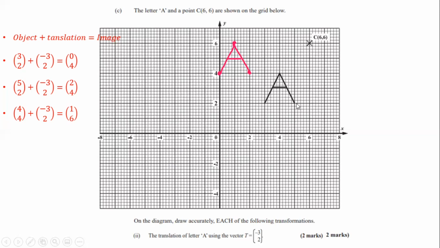For this point it is the same thing, we're going to the left, which is -3 times, so 1, 2, 3, and then 2 up, 1, 2. And then for the apex, it is going across 3, so 1, 2, 3, and then up 2, 1, 2. So either method that you use will give you the translation of A using the vector t, which is -3, 2.